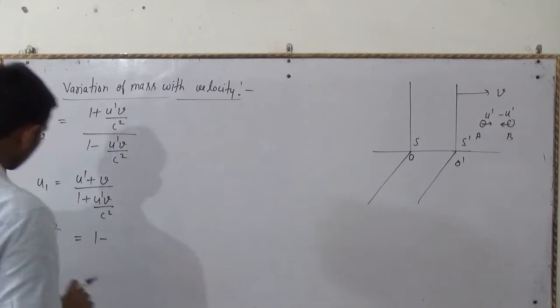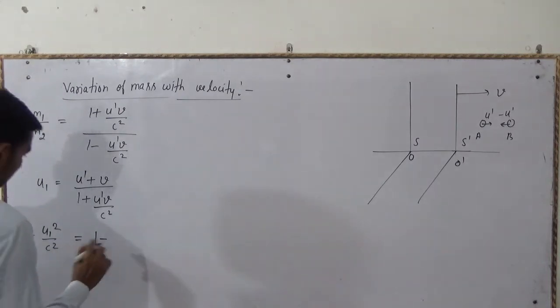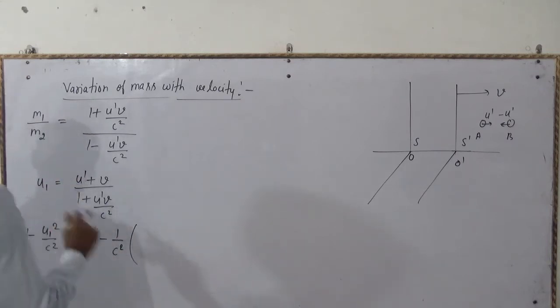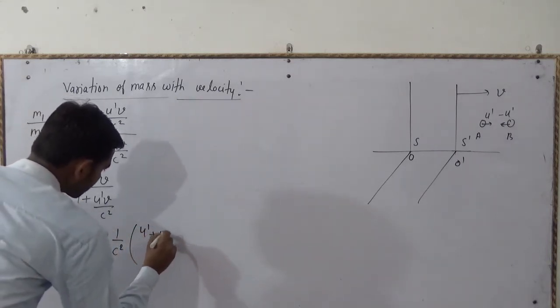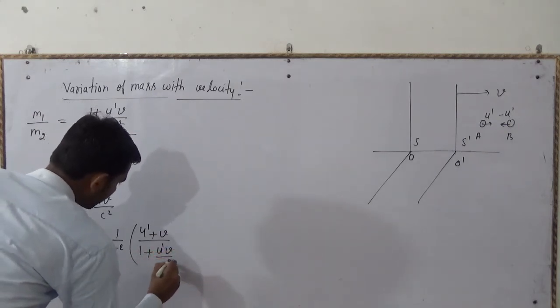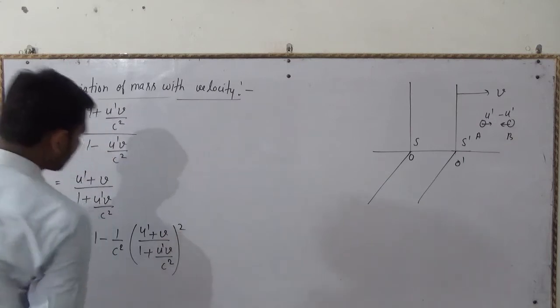We will see here 1 minus 1 by c square times u1 square, where u1 square will be u dash plus v upon 1 plus u dash v by c square, to the whole square.